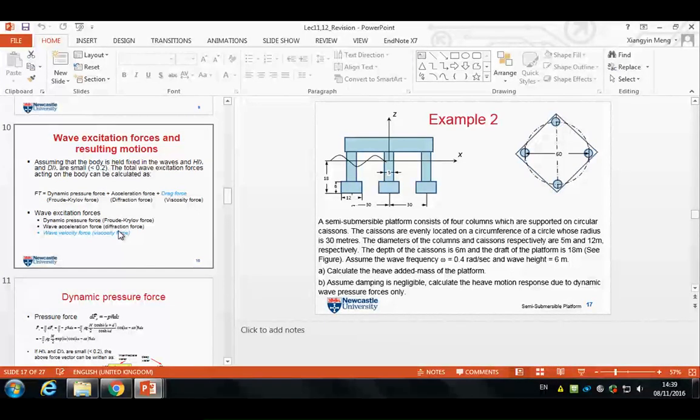What about this one? Because this is the buoyancy, you are always underwater. You have no buoyancy change.